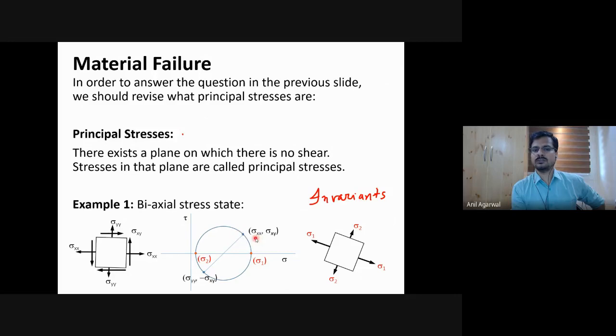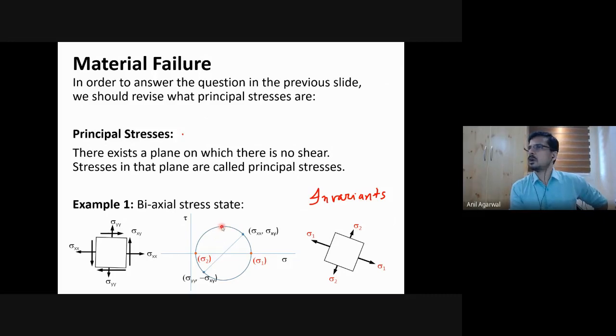So your individual values of sigma xx, sigma xy, sigma yy will keep changing as you keep traveling on this Mohr circle, but you will be representing the same stress at that point. Only your values of sigma xx, xy, and yy will keep changing, but they will be related to each other in such a way that sigma 1 and sigma 2 remain unchanged.